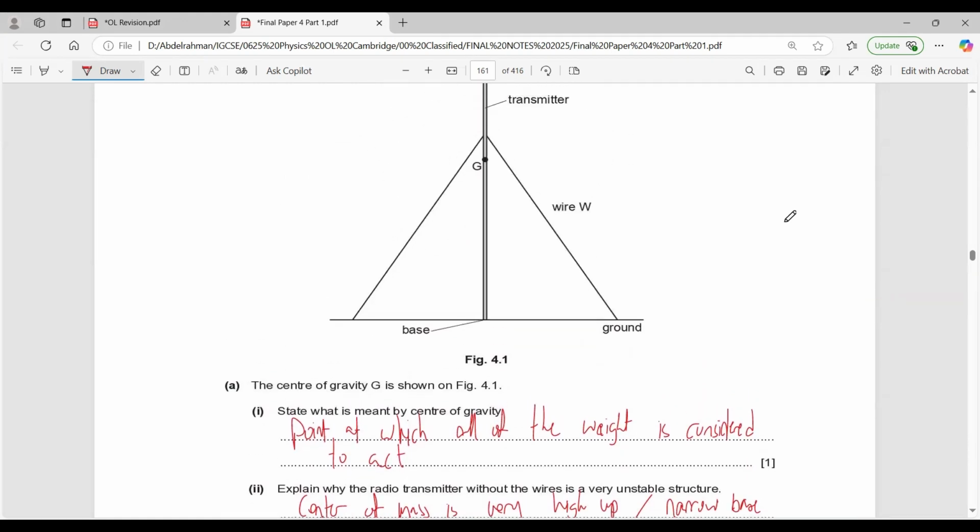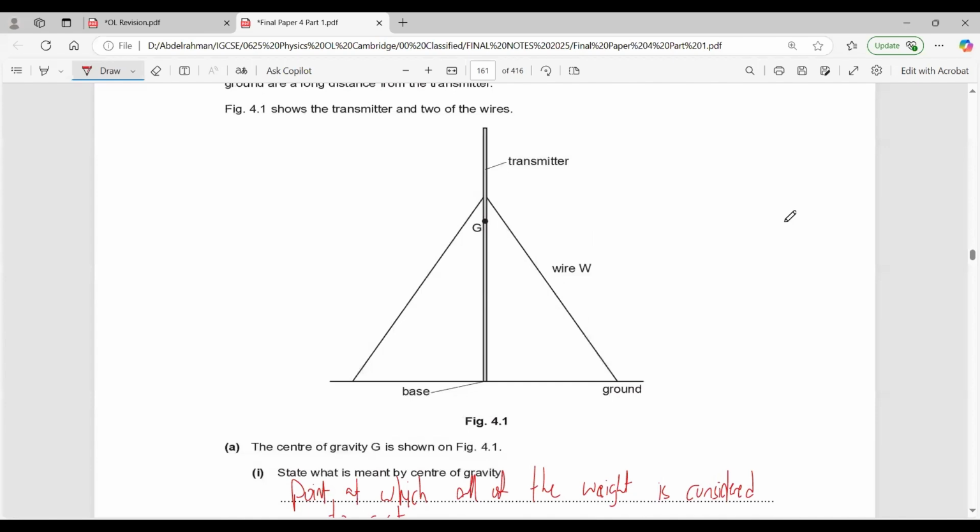This wire is pulling the transmitter to keep it stable. So the tension T would be directed upwards or downwards? Not upwards, it's not pushing, it's pulling. It is pulling the transmitter, keeping it in place. This is force T.